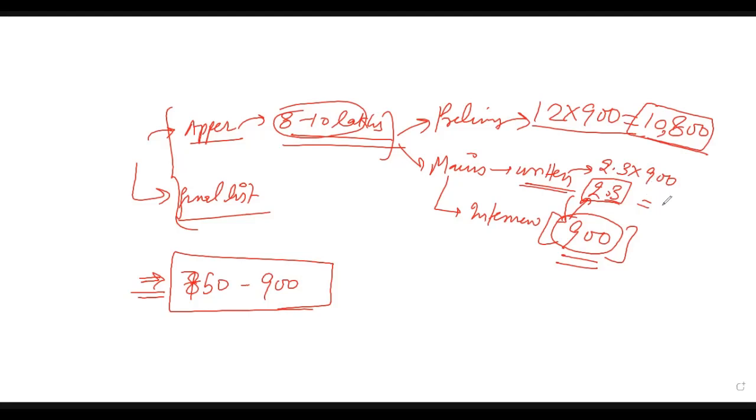That comes roughly around 2,070 students for interview purposes. And then the final list comes out of 900 students who make it through this exam. So this is the mathematics of the number of students selected at the prelims stage, mains written stage, and then in the final list.